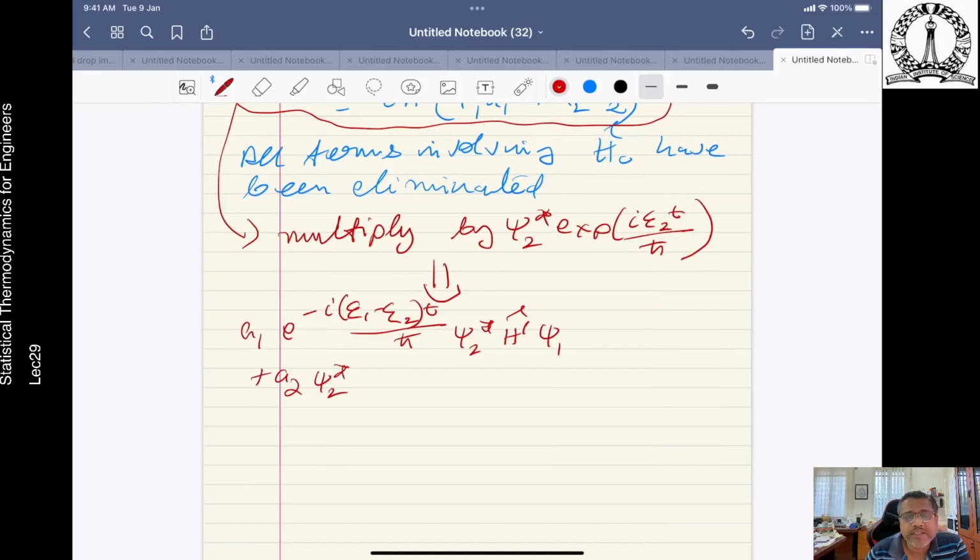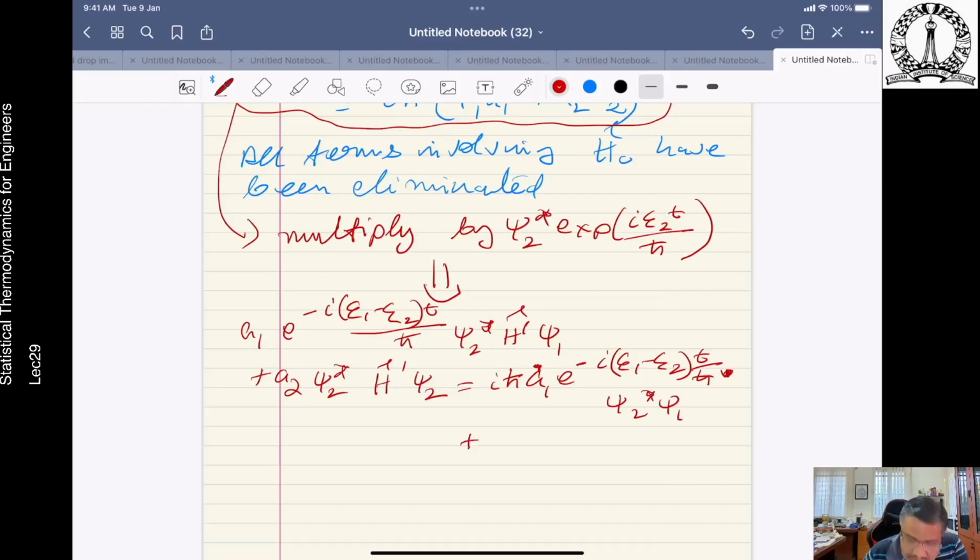These are once again the R portion of the Schrodinger wave function. Chi2 equal to h a1 bar a1 dot e minus i E2 t over h bar chi2 star chi plus i h bar into a2 bar chi2 star chi2.